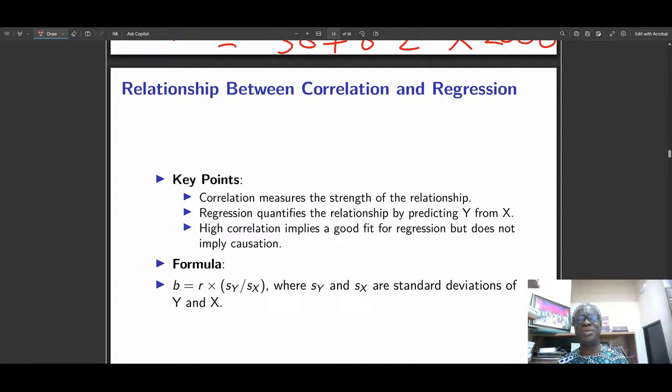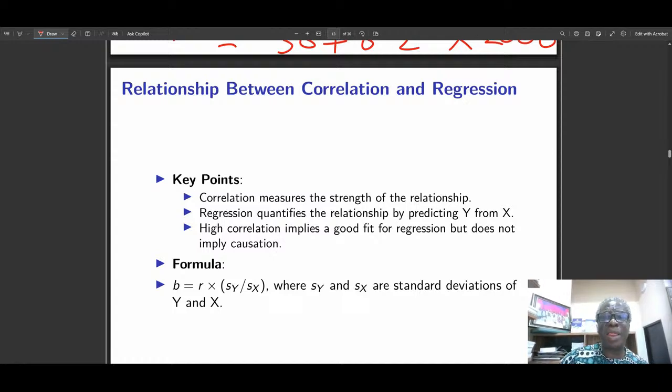Not only the strength, it also gives you the direction, positive or negative, and how much positive or how much negative. So it's not talking about prediction. Regression will also help you to quantify the relationship by predicting the dependent from the independent.